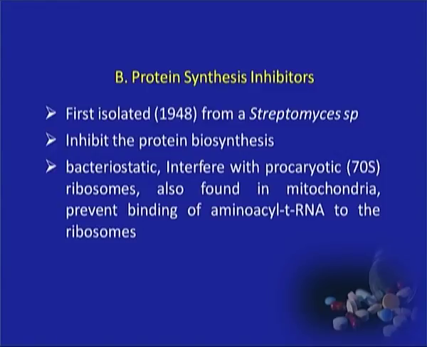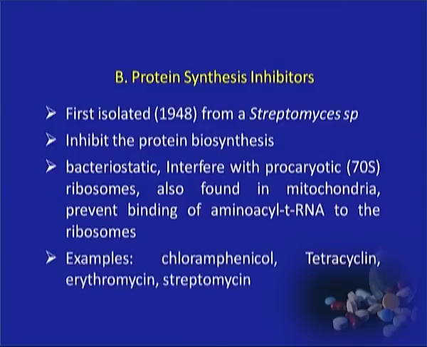They interfere with prokaryotic 70S ribosomes, which are also found in mitochondria. They prevent binding of aminoacyl transfer RNA to the ribosome. The examples are chloramphenicol, tetracycline, erythromycin and streptomycin.